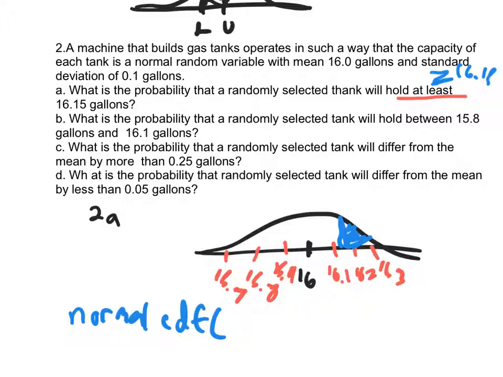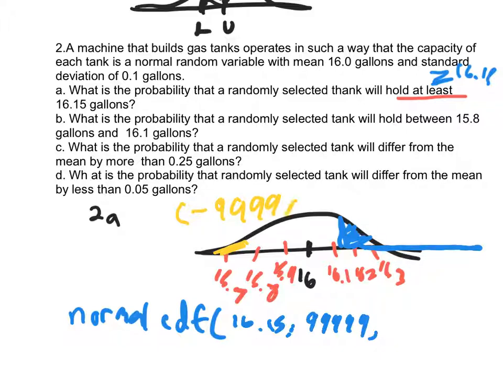Okay, where was I? We were using normal CDF, and the lower limit was 16.15. The upper limit will be everything to infinity, so just pick a big number like 99999. And if you're going to a lower limit of infinity, let's pretend for a minute you were going to go this way, then your lower limit would be negative 9999, and your upper limit would be wherever you wanted to go.